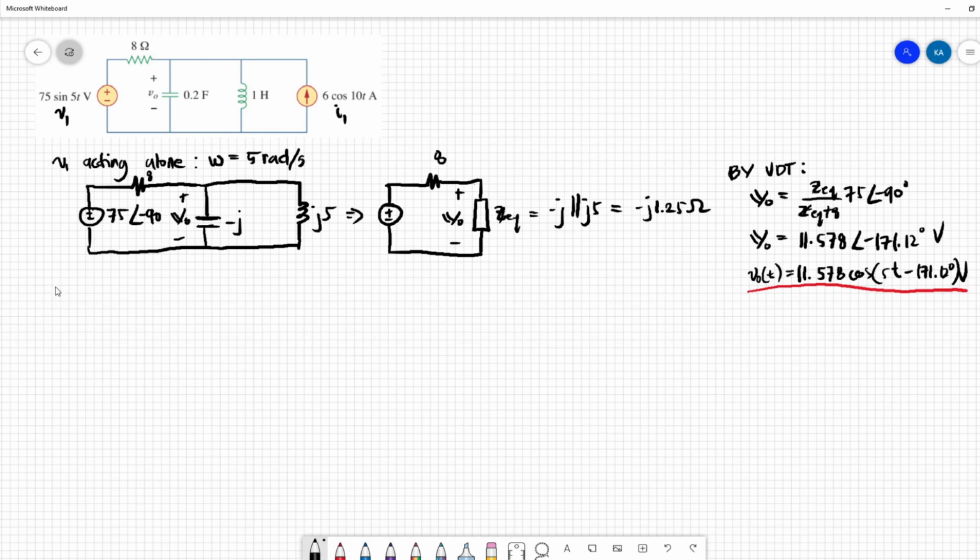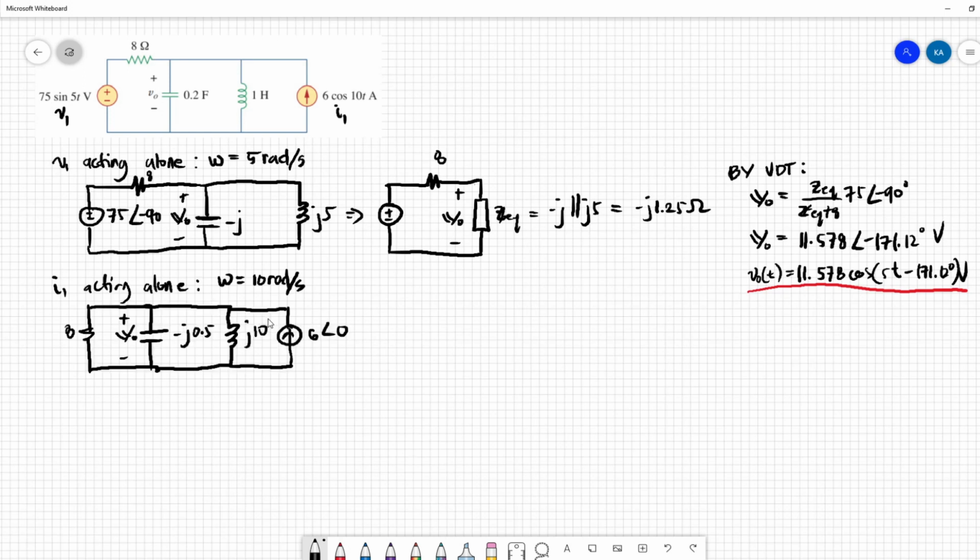Next, I1 acting alone, omega is equivalent to 10 rad per second. So our circuit is, again we can simplify this circuit into a single loop.